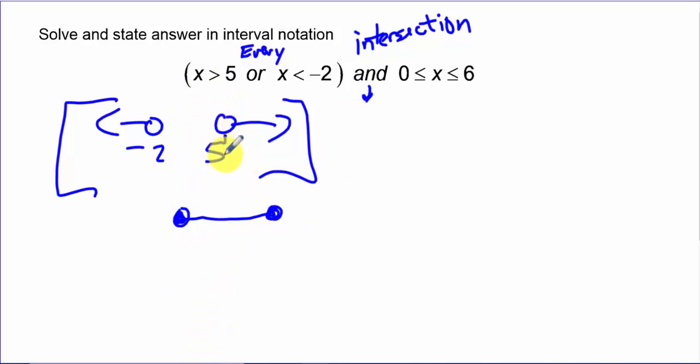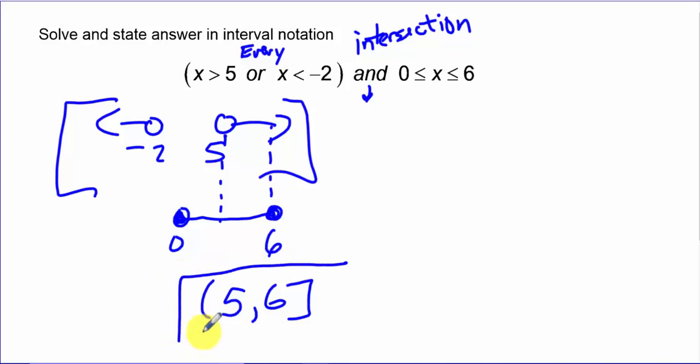And they overlap basically from the 5 to the 6. Because there's nothing from 0 to 5, there's no overlap. So I notice 5's not included, but 6 is. And that would be the interval notation for the solution of this problem.